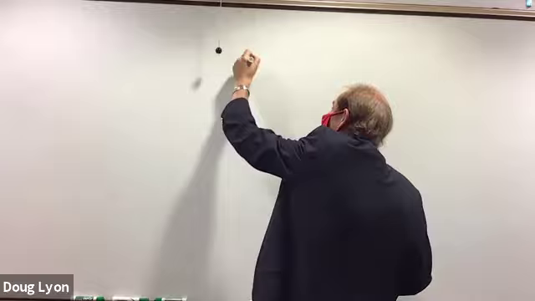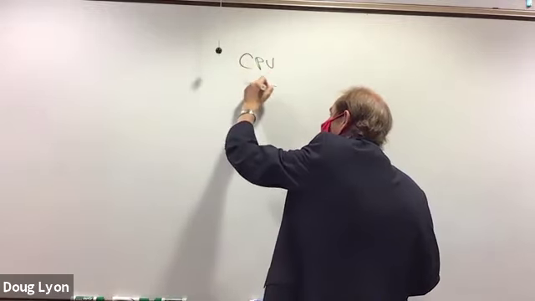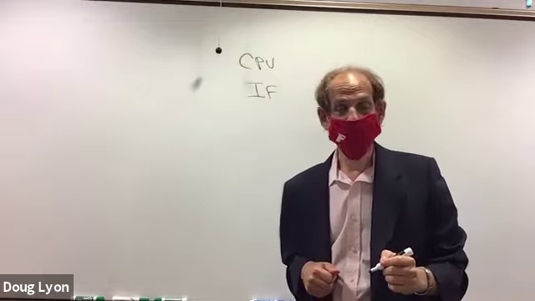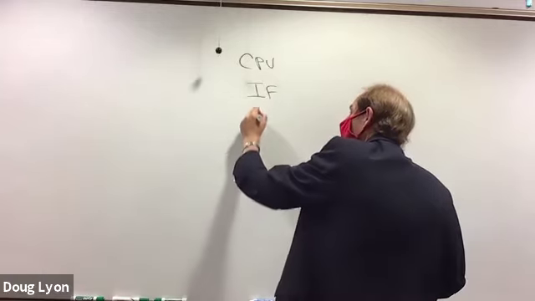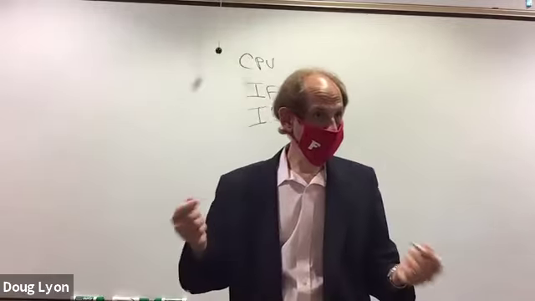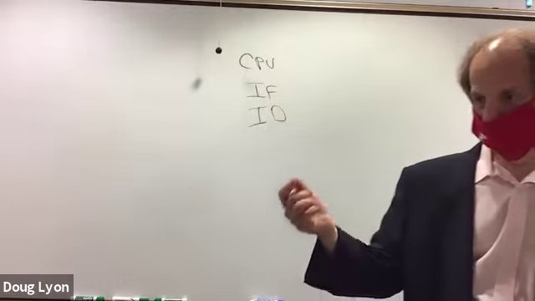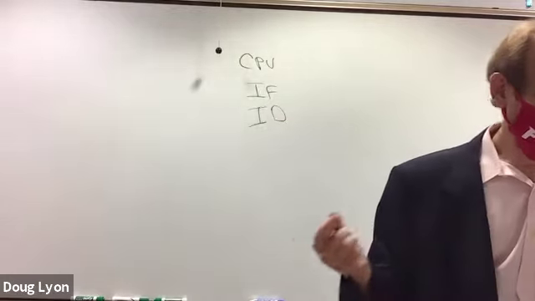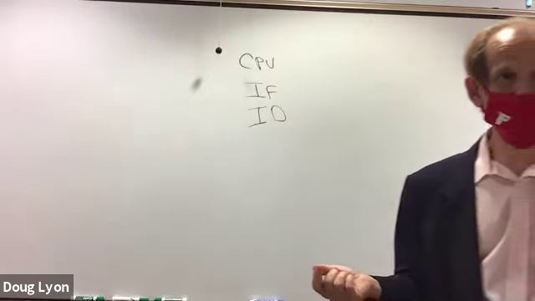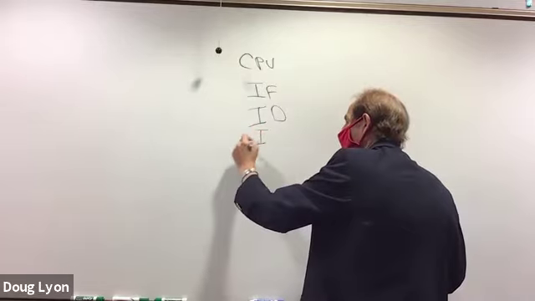So a CPU is a finite state machine that does an instruction fetch, and I'll just write IF for short, and I'll write nice and big. And then an instruction decode, so it's getting that instruction from someplace. It could get it from a tape, from punch cards, from memory. Modern general purpose computers get it from RAM.